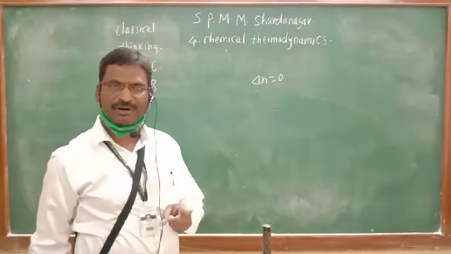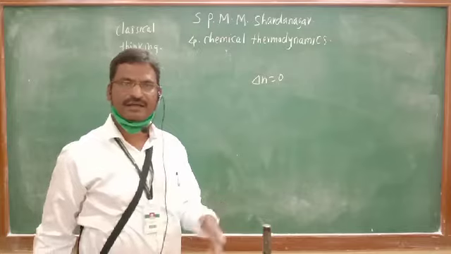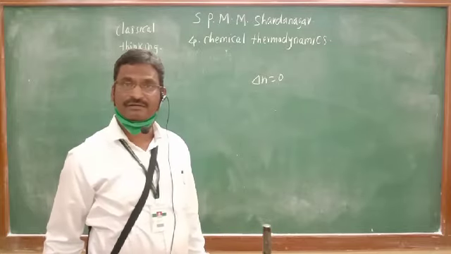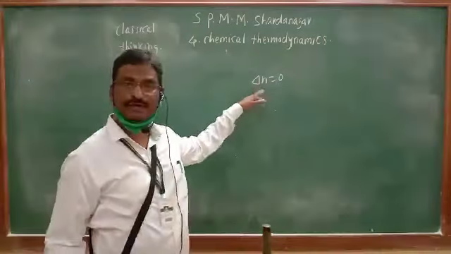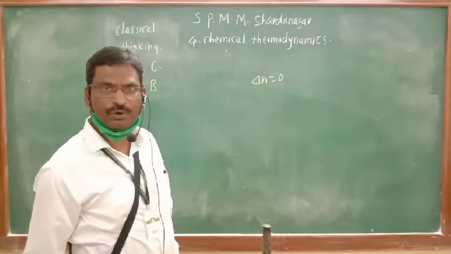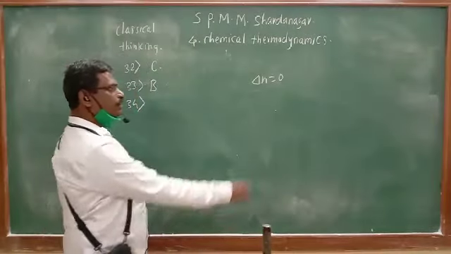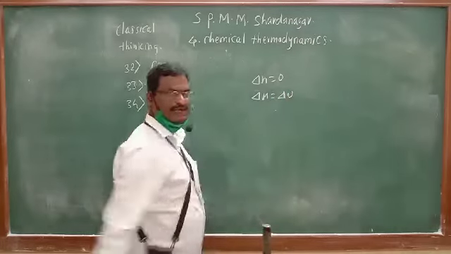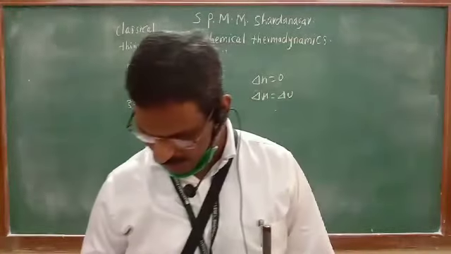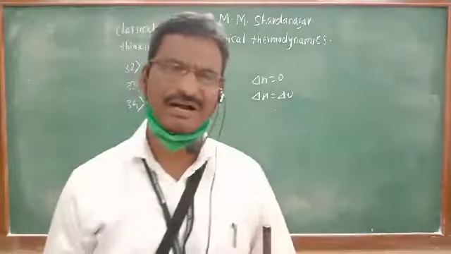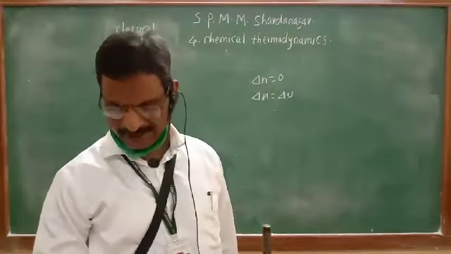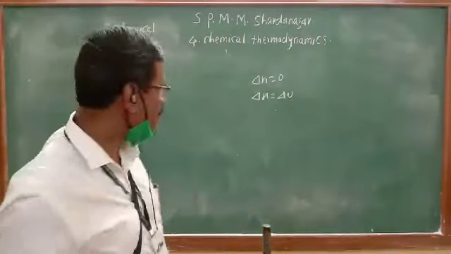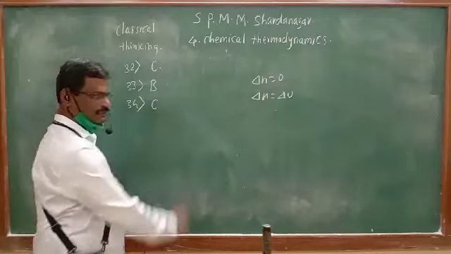If reactants and products are present in liquid or solid state, they are not considered to calculate delta N. So delta N for that reaction is 0, and whenever delta N is 0, we know that delta H will be equal to delta U. Therefore, out of the 4 options, the third option they have given, delta H is equal to delta U. So option C is right.